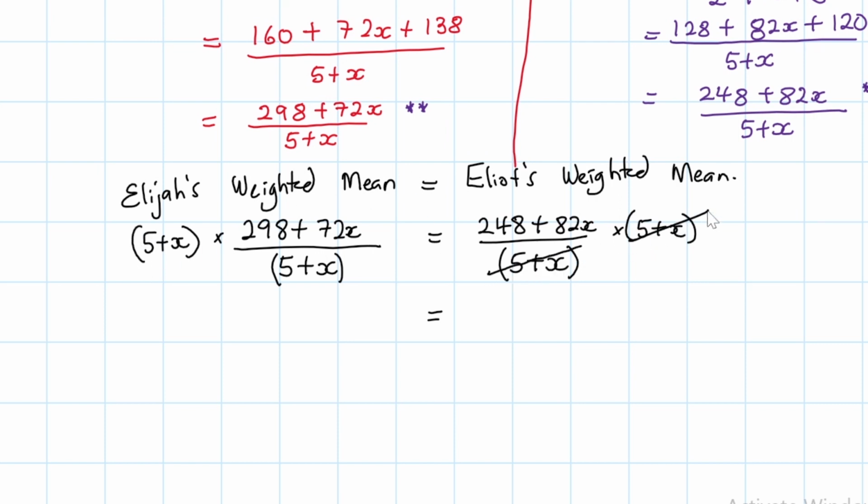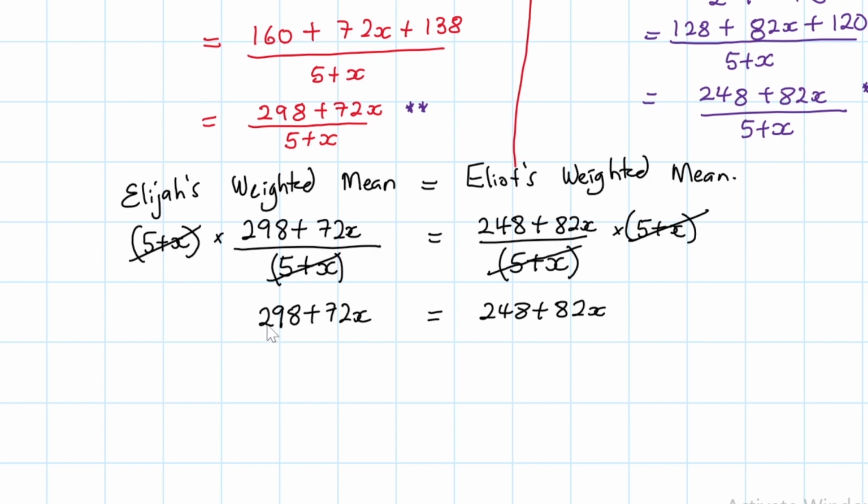This goes with that, then this will go with that. We end up with 298 plus 72x is equal to 248 plus 82x. Now in the previous step, you can also cross multiply, and you will still arrive at the same answer.